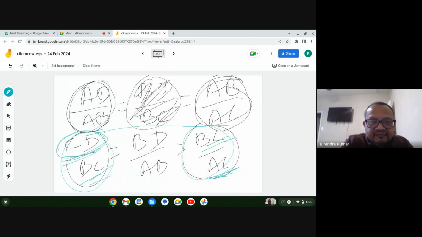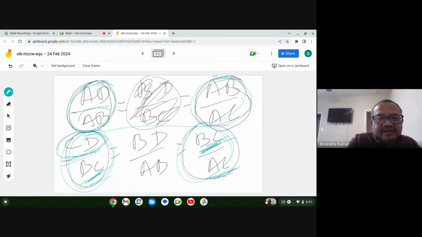What we did was we took this one and this one, these two pairs we took. We picked the ones where we had the main parent triangle's sides.